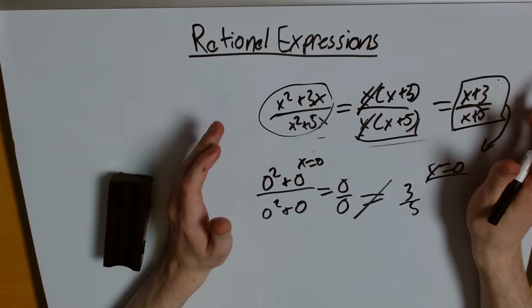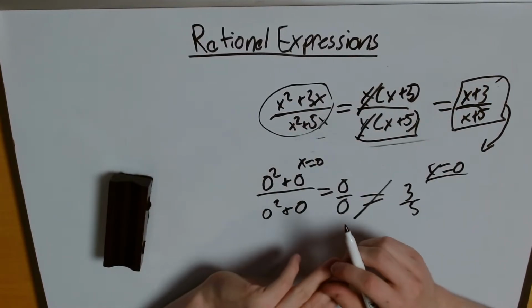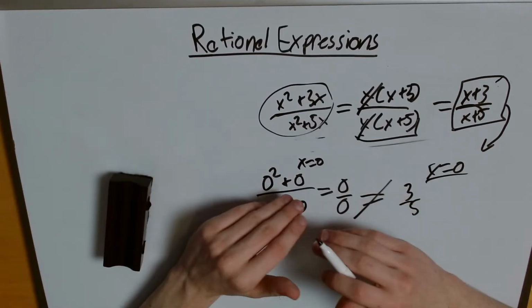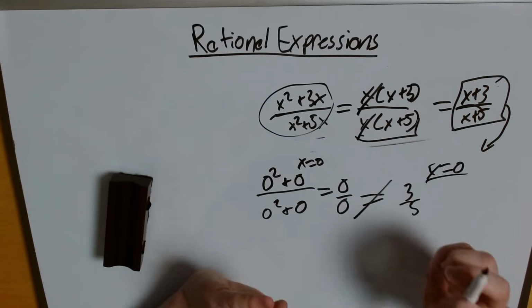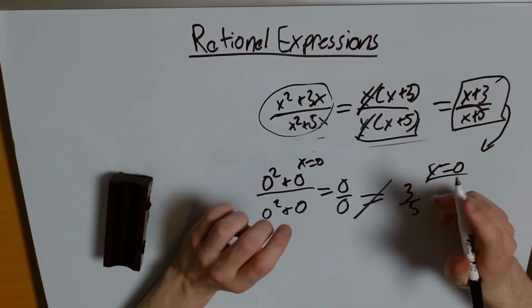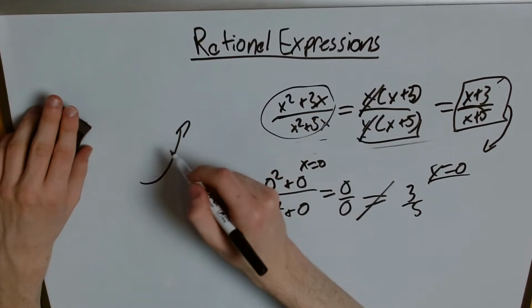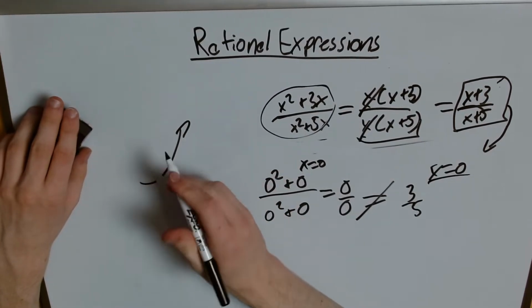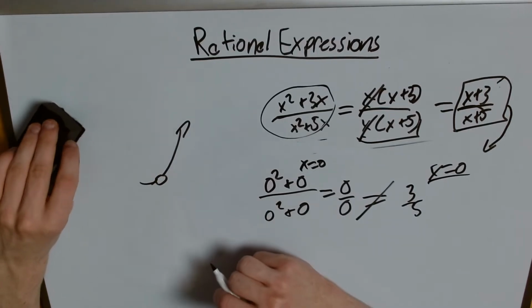This property, where our simplified expression doesn't include any points where x is extraneous, not a solution, but our original expression does, this is called a hole. If we were graphing this, and let's say it looks something like this, and we know we don't exist at 0, we'd have a hole right here at 0, where 0 just doesn't exist.